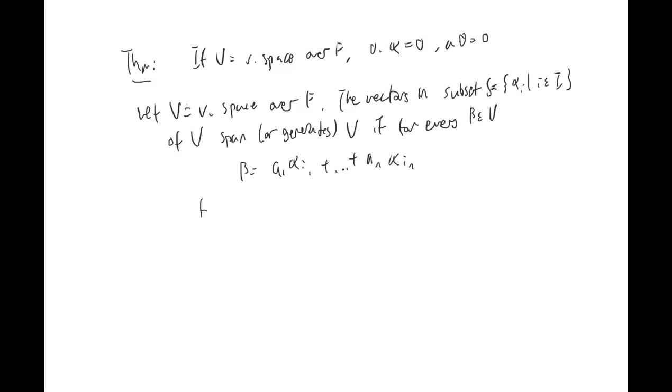That is, beta equals the sum of a_j alpha_ij, for a_j in F and alpha_ij in S. So S could be infinite.